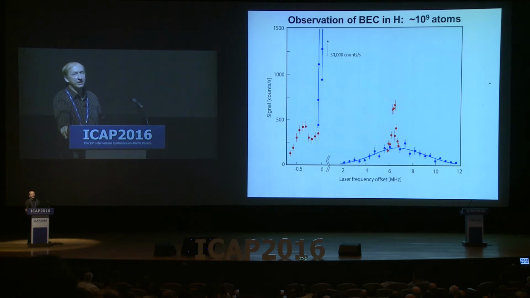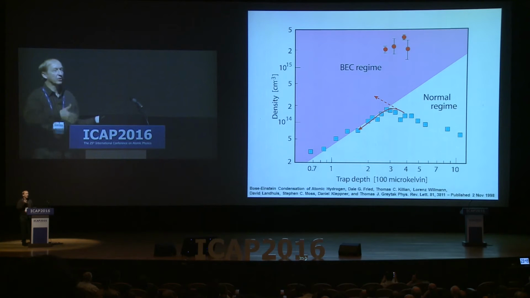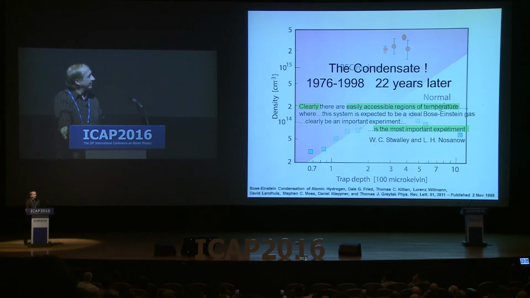And that was about 10 to the 9 atoms observed at the time. So finally, one was actually able to see them up here. And if you put in the parameters, the trap shape, et cetera, it matched a Thomas-Fermi description of the densities that you should see in the signal. So finally, 22 years later, it was achieved.